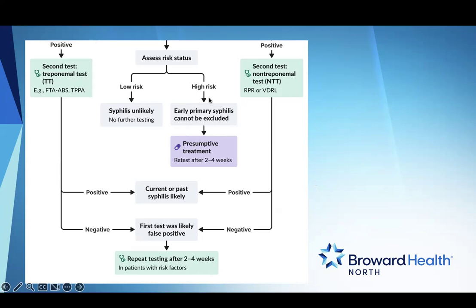But if the patient is high risk, you cannot exclude it, because they can be early in the infection, where there are not enough antibodies to detect it. So you have to retest again, sometimes even treat, okay? So that's basically it.